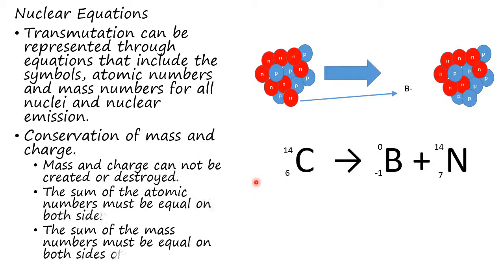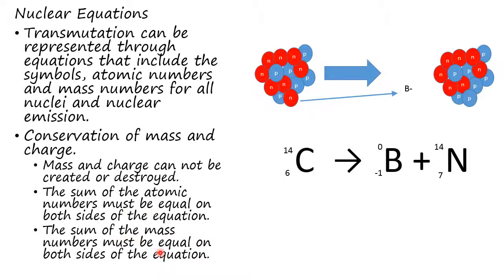So these processes follow the law of conservation of mass and charge, which basically means that mass and charge cannot be created or destroyed. And so the sum of the atomic numbers must be equal on both sides of the equation, as well as the sums of the mass numbers.